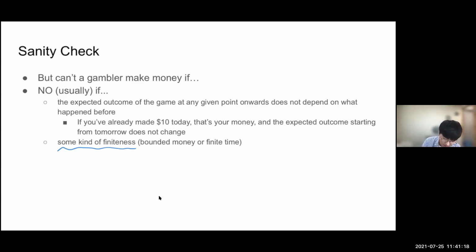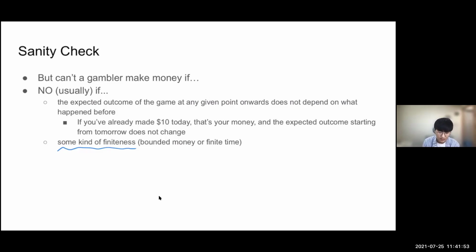And another sanity check that we have to do is that the game you're playing, the expected outcome of, for instance, the nth game, does not depend on how much money you've made until the n-1 round. Well, the game could sort of change depending on how much money you've made or the action you've made up to that point, but the expected value of the game should not change.